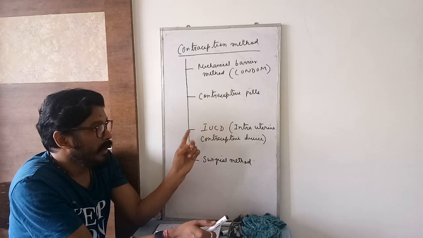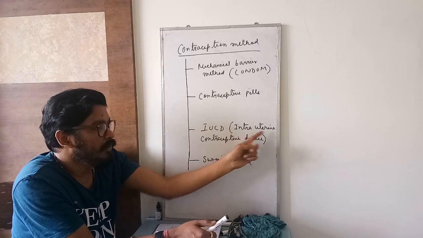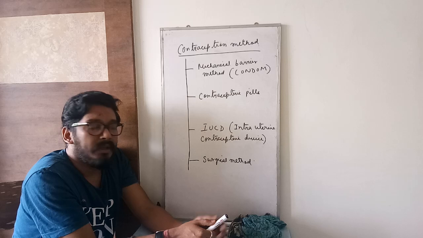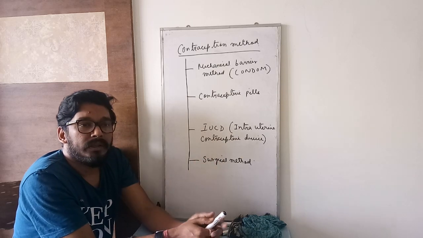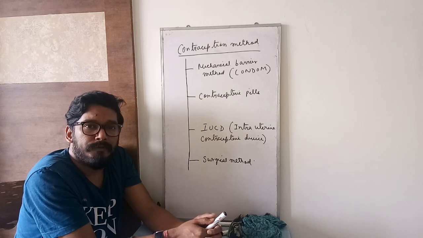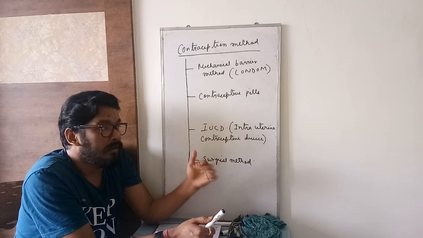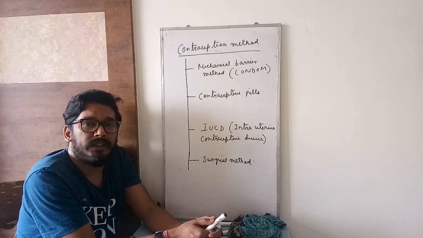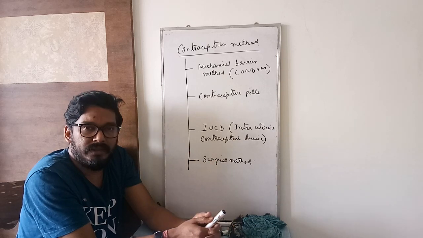Contraceptive pills. Next is IUCD, intrauterine contraceptive device. Here I will discuss one of them, copper T. It is introduced into the female to stop pregnancy.